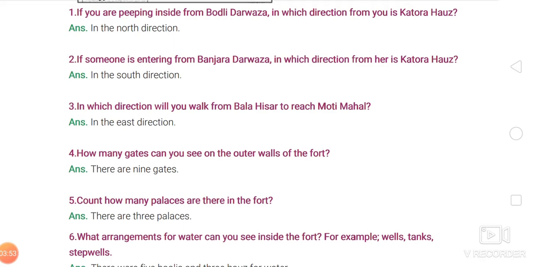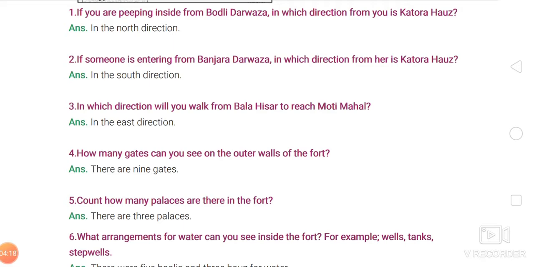A complete video I have shared with you children, reading out this map. Fine. If someone is entering from Banjara Darwaza, in which direction from here is Katora Haus? In the south direction. In which direction will you walk from Balahisar to reach Moti Mahal?